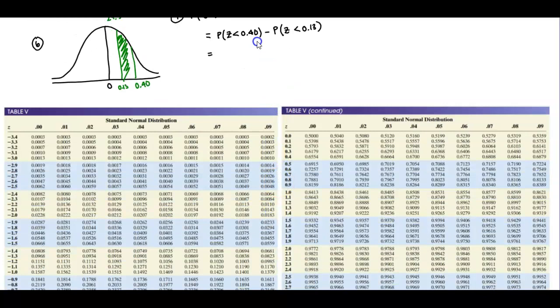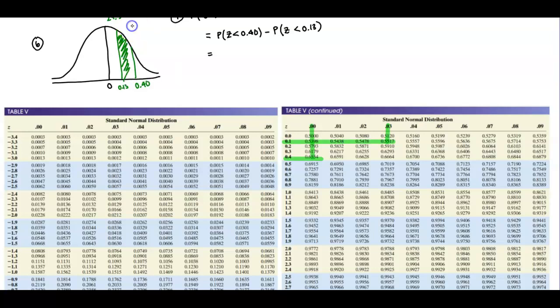So if we look at 0.40, we can see that it gives us an area of 0.6554, and then the area of 0.13 is 0.5517.